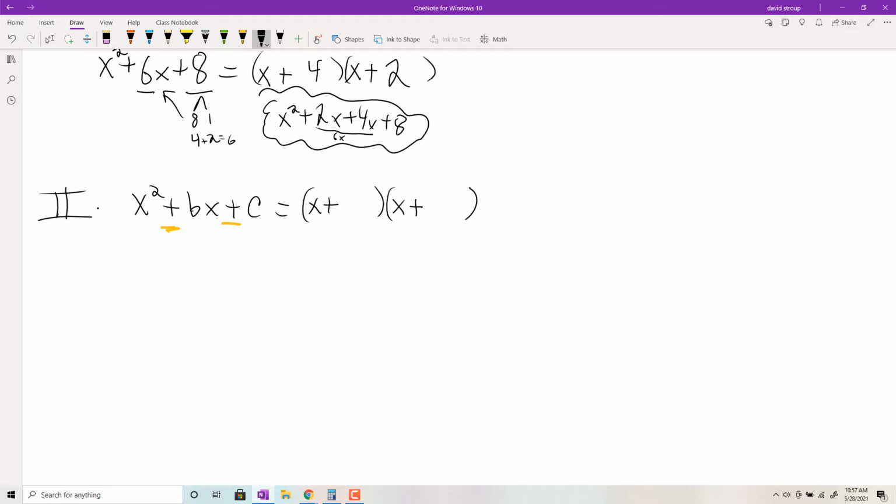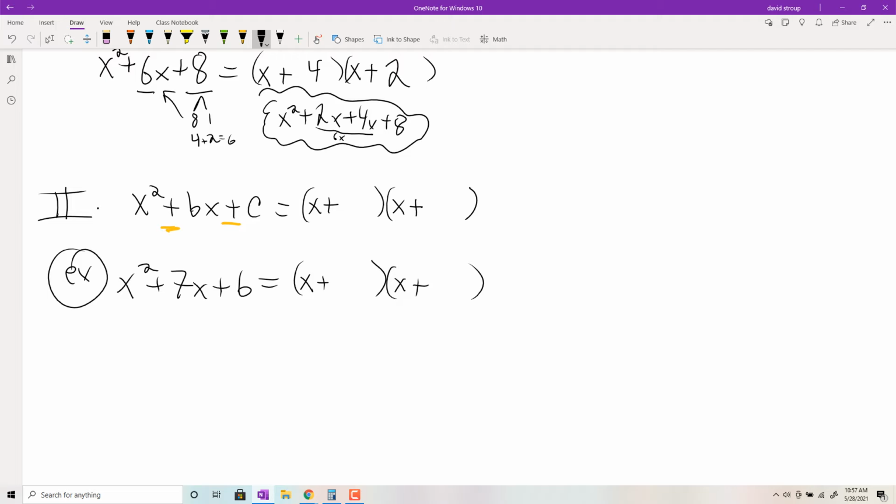Okay, so let's look at some examples. x squared plus 7x plus 6. Automatically, the first thing you do when you see these problems is write out your parentheses. Because it's plus plus, the signs in here will have to be plus and plus. And of course, you always get x and x.